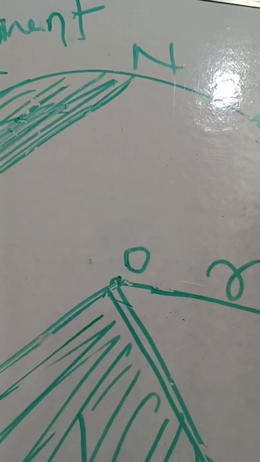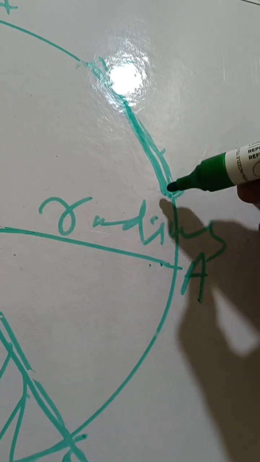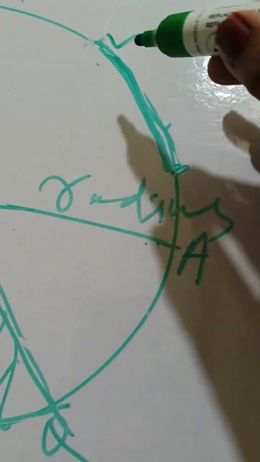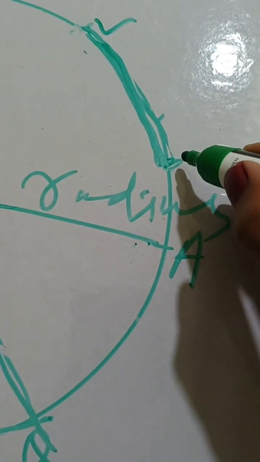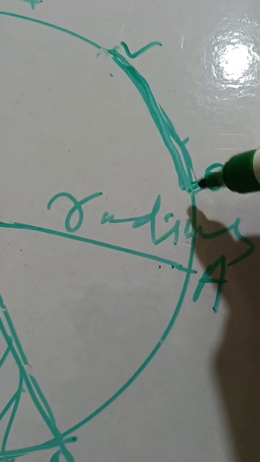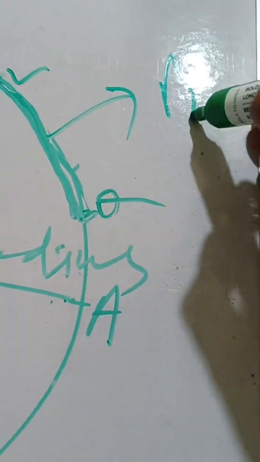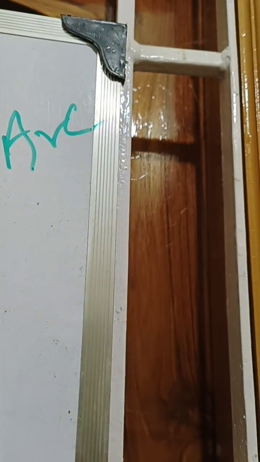But if you cut a portion of a circle, that portion forms an arc of a circle. Suppose this is L, this is Q. So LQ is a portion of the circle, and that is called an arc.